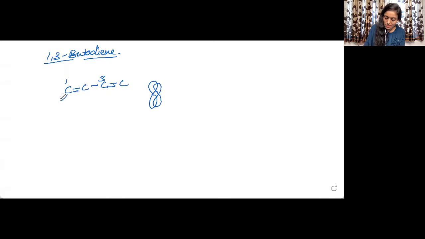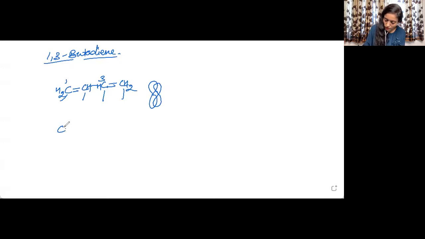Now, because this is sp2 hybridized, this is sp2 hybridized, this is sp2 hybridized, and this is sp2 hybridized, this means all the 4 carbon atoms of 1,3-butadiene are sp2 hybridized. So if we complete the valences, it will be CH2, here it is CH, it is CH, it is CH2. Now mainly we need the carbon chain here to discuss the conjugated systems.